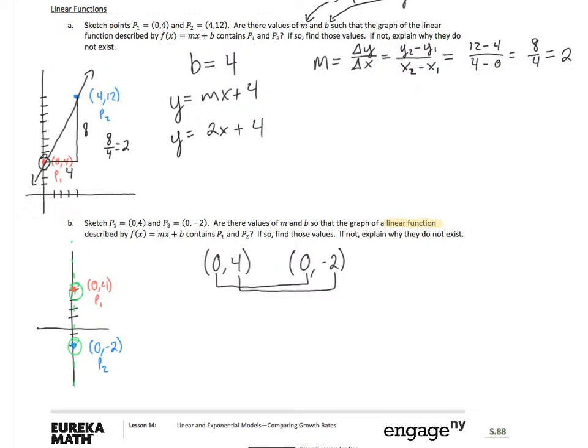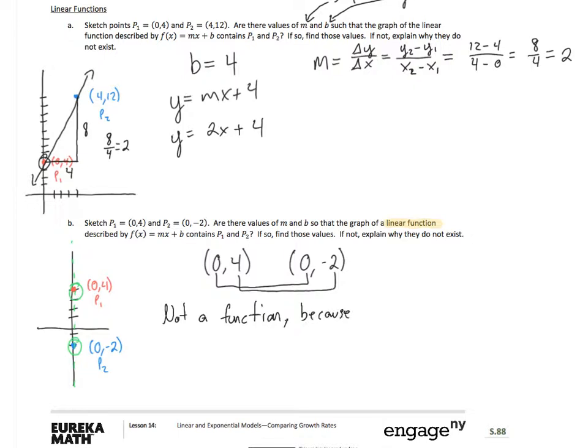So I'm going to go ahead and do the second part of if not, which it's not, explain why they do not exist. Okay, well, there is no function, so not a function. And because, we could use either way.